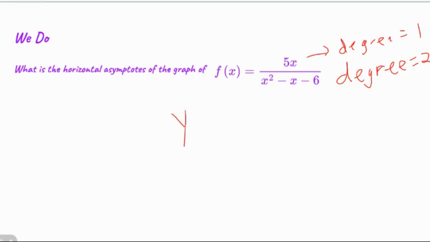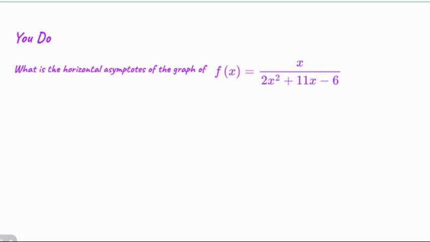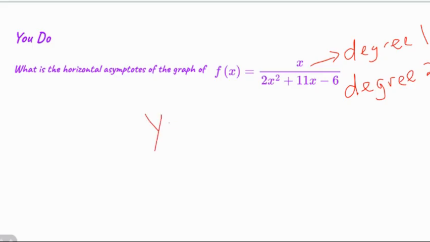So this again would mean y equals 0 is our horizontal asymptote. So go ahead and give this one a shot. Okay, once again, I know this is pretty repetitive with the degrees. It doesn't matter if the degrees are 1, 2, 3, 4, 5. So long as the degree is greater in the denominator, you'll always get a horizontal asymptote of y equals 0.